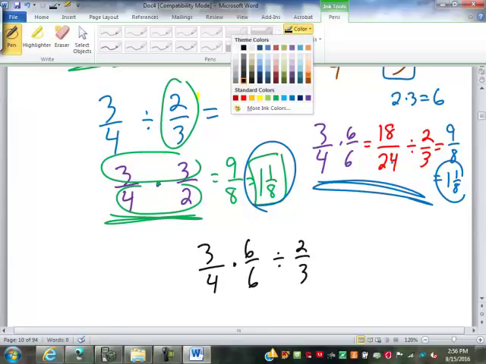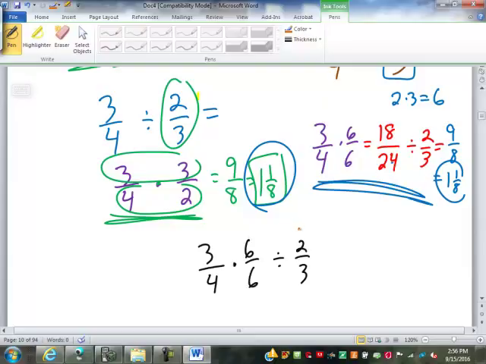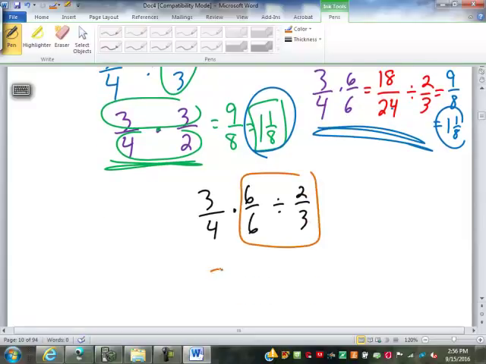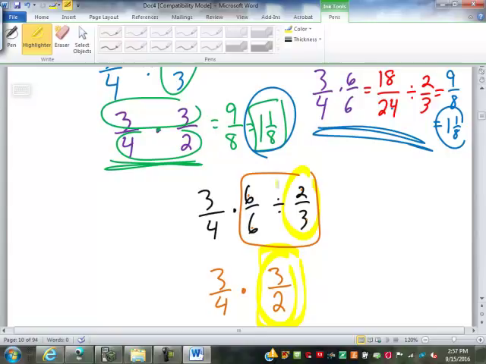And what they realized is if we stretch our order of operations a little bit, if we divide this part first, we have 3/4 times whatever that result is. 6 divided by 2 is 3. 6 divided by 3 is 2. What we get here is always just this fraction flipped over. So rather than going through this whole process, they defined this to be called a reciprocal, and they said, hey, when we divide, we're just going to multiply by the reciprocal.